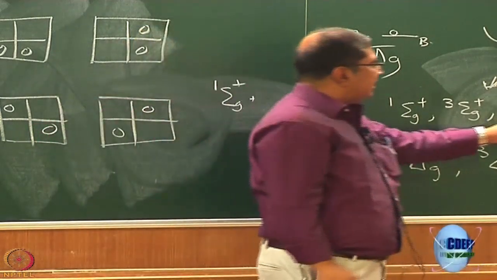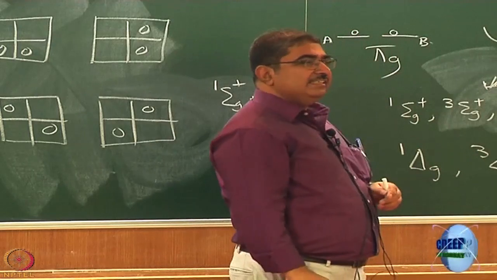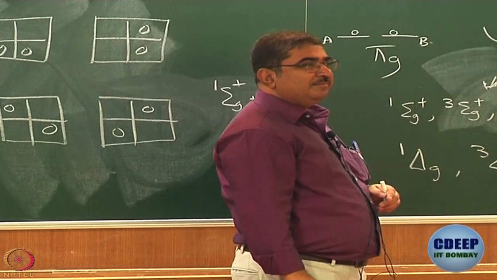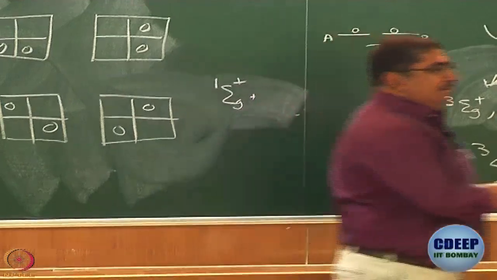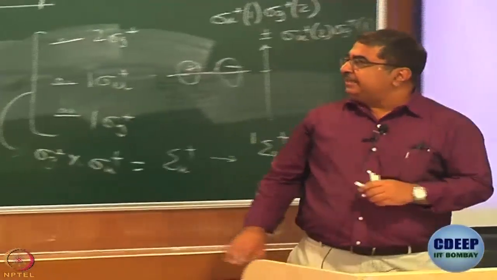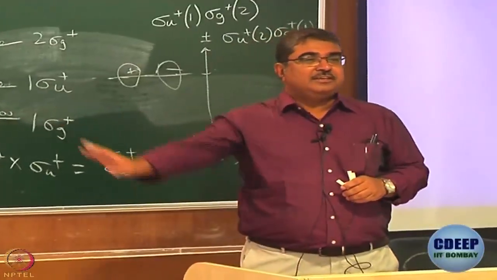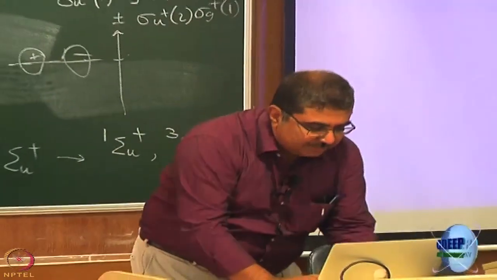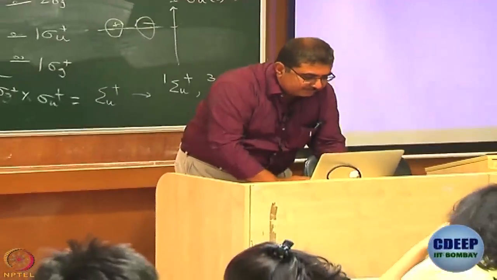Okay. If I go to sigma G minus and delta G, now what happens? Triplet, which one will be triplet? Actually, it is easier to work with your one dimensional representation. So, let us just see what sigma G minus is.